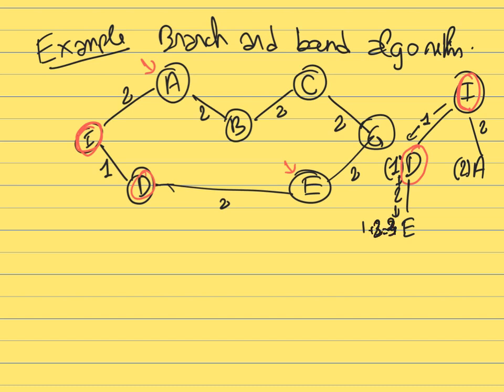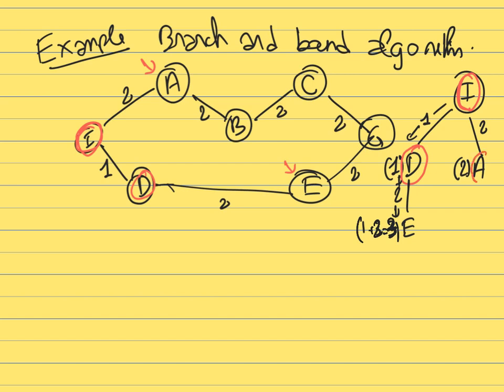That is to say, you have traveled a distance of 3 to reach the state E. Now you have two choices. You have the state E, which is at a distance of 3 from the initial state, and you still have the state A that is at a distance of 2 from the initial state.